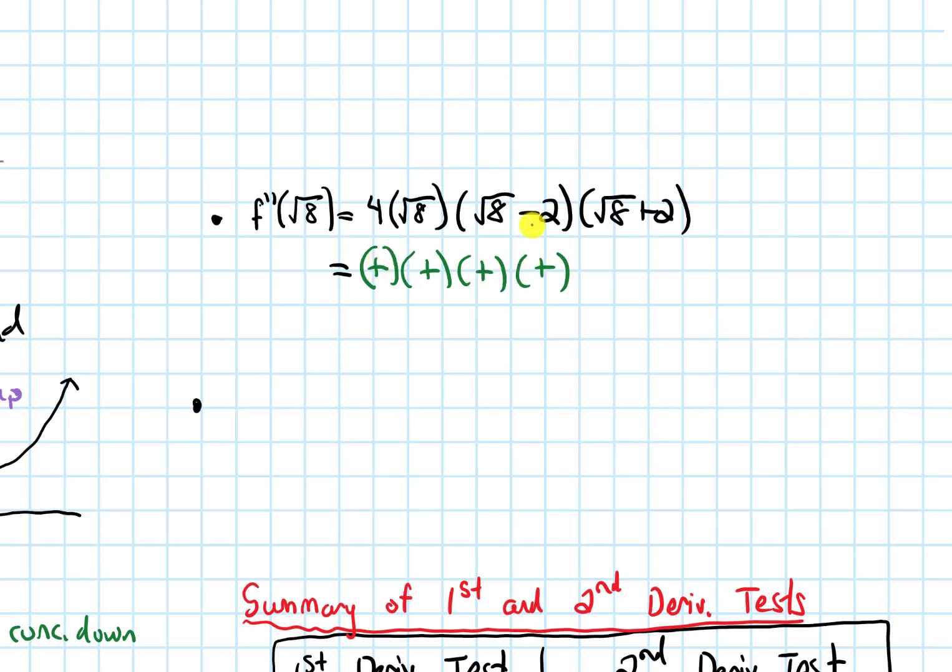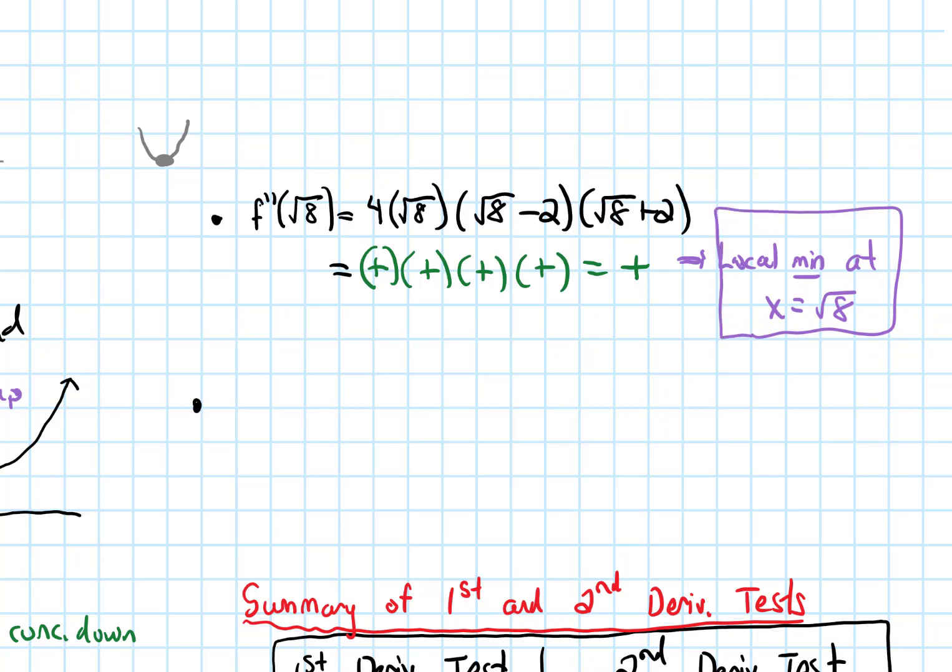So 4 positives multiplied is definitely positive. Now my second derivative is positive, so we have a concave up picture. So at my critical number, we will have a local min at x equals positive root 8.